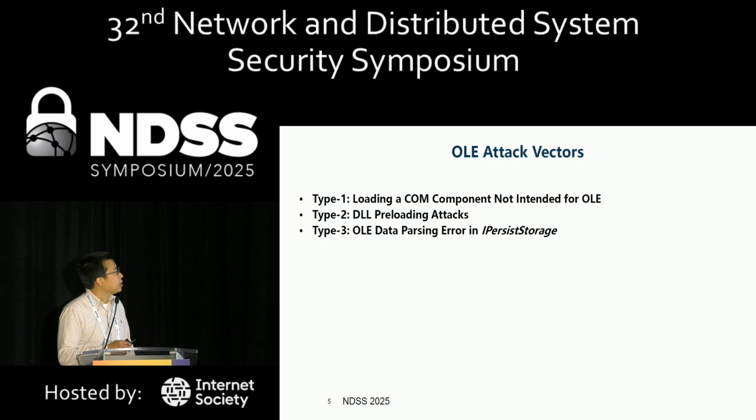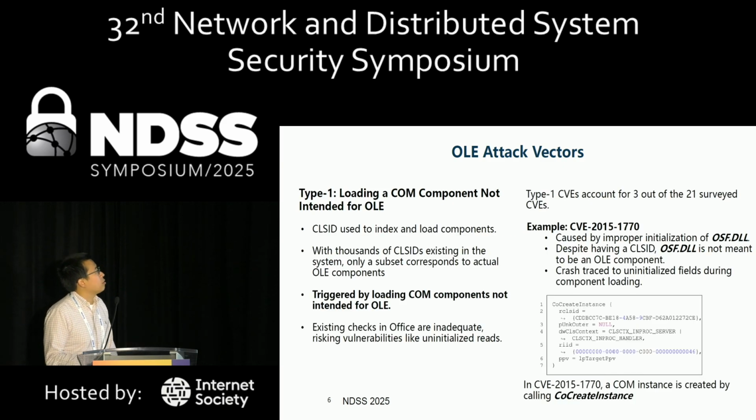Type 1 is loading COM components that are not intended for OLE. As I mentioned, to load the COM component, first you need a CLSID. But it turns out that in Windows, you can have CLSIDs that do not point to OLE objects. So then it becomes a vulnerability that can be exploited.